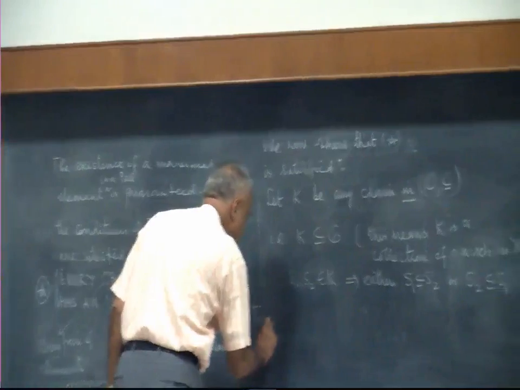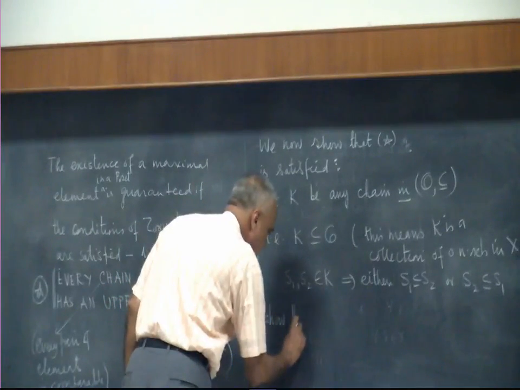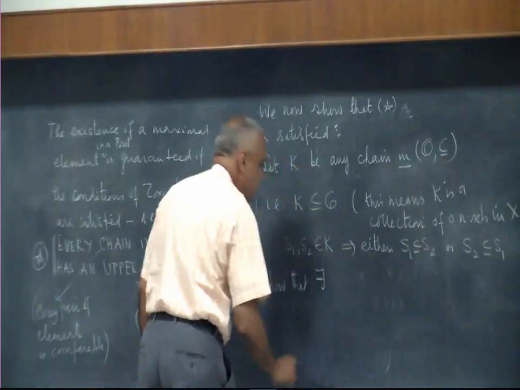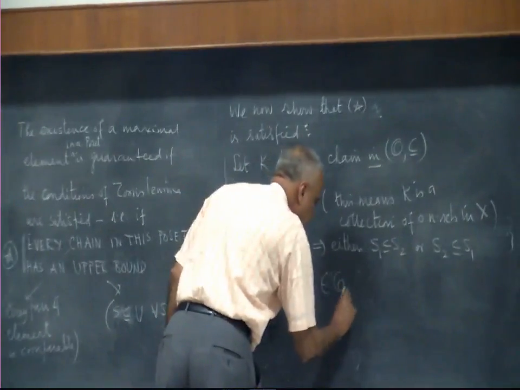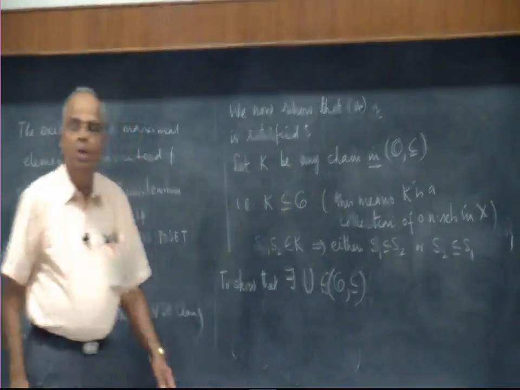We want to show that there exists a U in this partially ordered set. What does that mean?